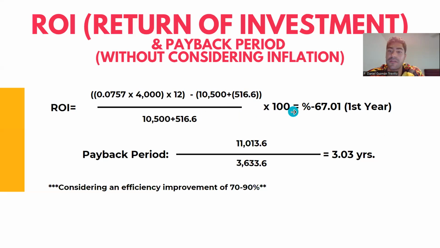It would give us a negative 67.01% for the first year, which would indicate that it would not be profitable in one year. But if we look at the payback period, if we divide the initial investment by the annual savings, we would get that the project will begin to be profitable after 3.03 years.